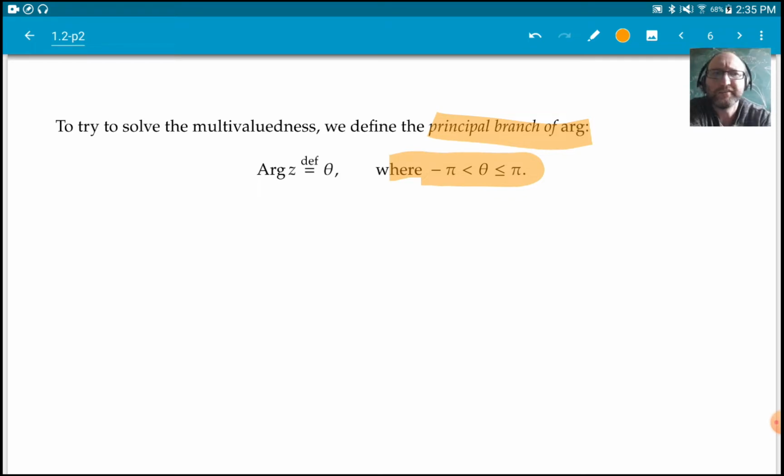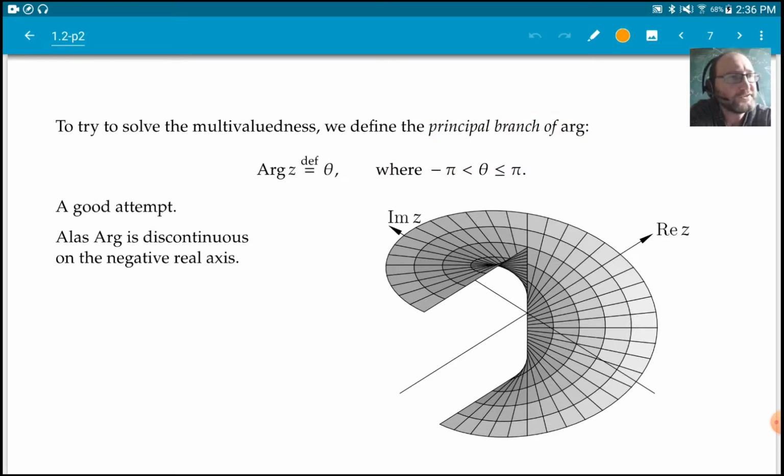You say, well, okay, why don't we just do that? Well, the problem is that it is discontinuous. If I'm on the negative real axis, which is basically where theta is pi, and I'm coming from the top, from the positive imaginary parts, I'm getting pi.